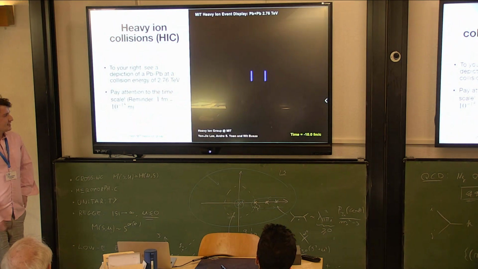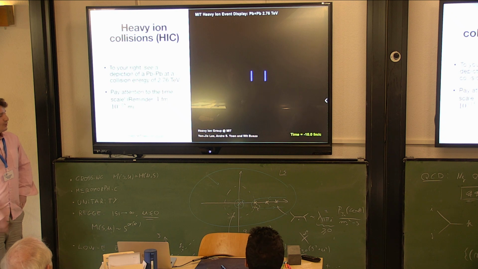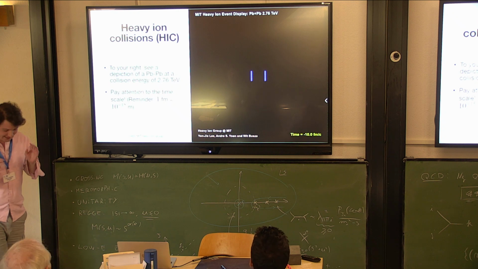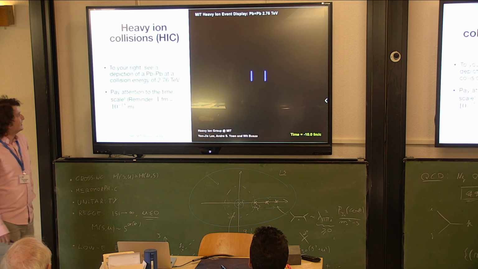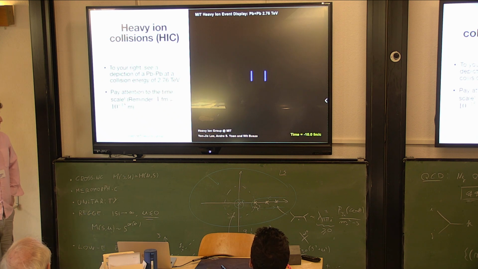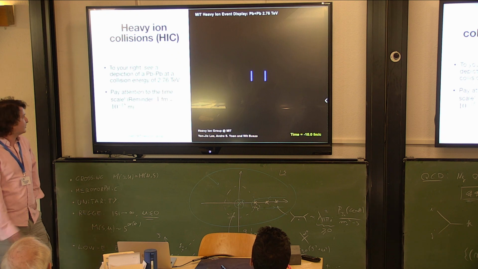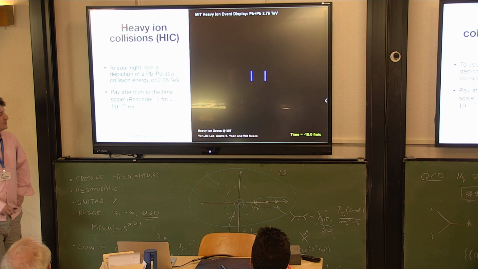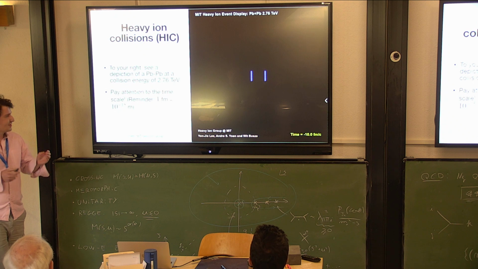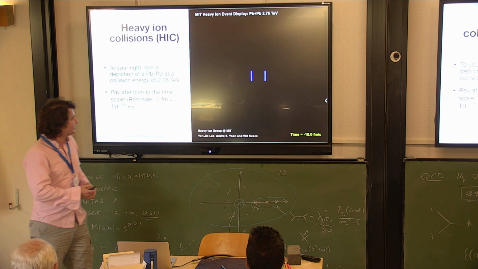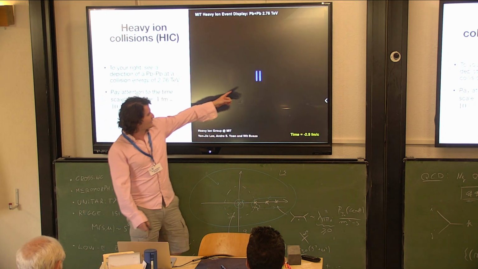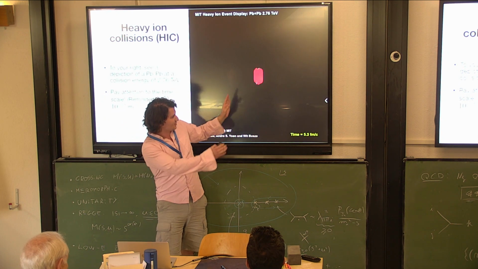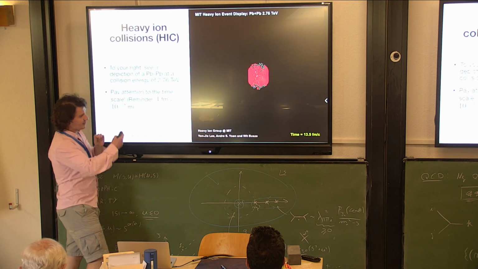So let's begin with how do we even think about this problem at all? For the past 20, maybe even 30 years or so, experimentalists have been doing heavy ion collisions. They've been colliding head-on two highly Lorentz-contracted, say, lead nuclei, which impact right on each other.